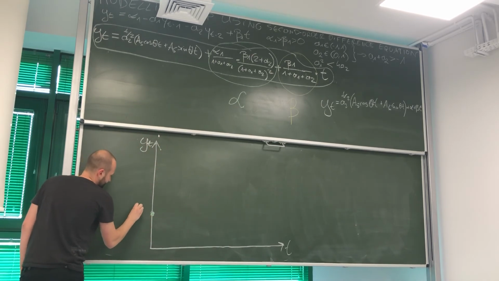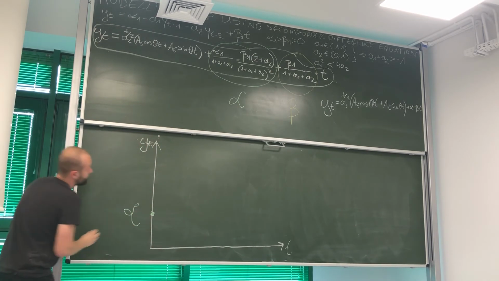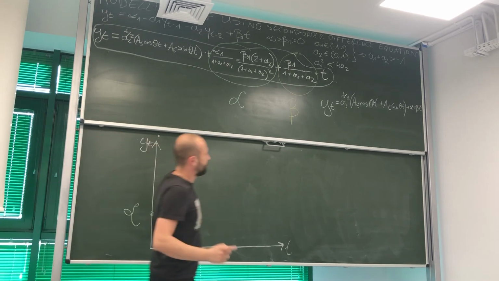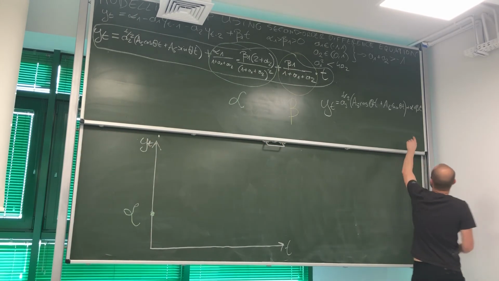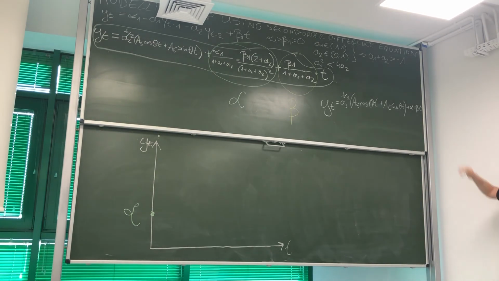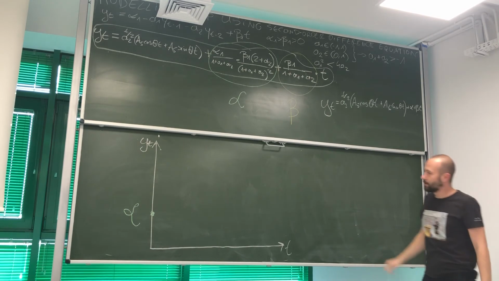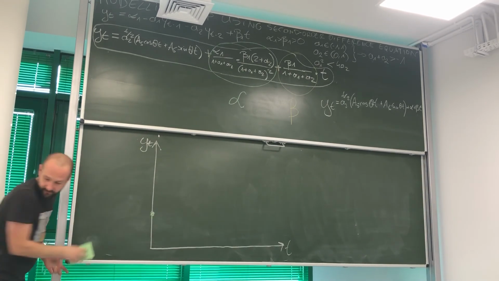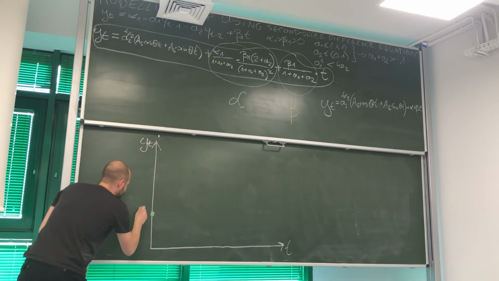And then we know that GDP increases by beta every year.